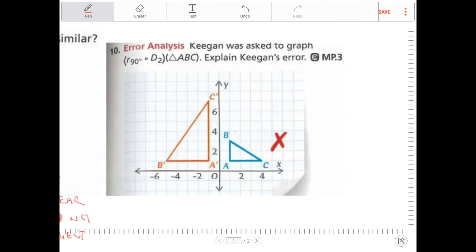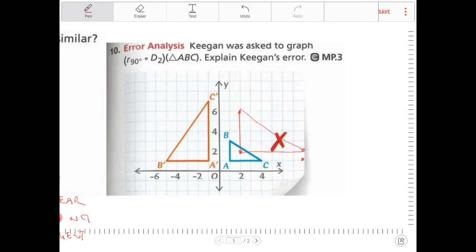So ABC, if we dilate by 2, ABC will end up over here. Remember, all the coordinates get multiplied by 2, so B will end up at 2, 6. 2, 6 is right here. So it will end up like that. And then C will end up at 2, 8, which is right there.